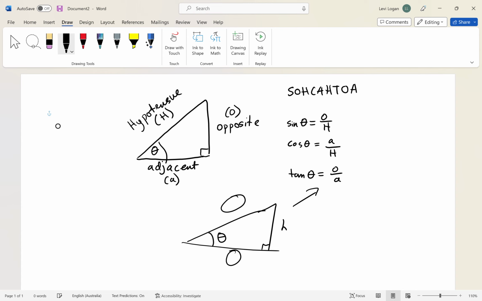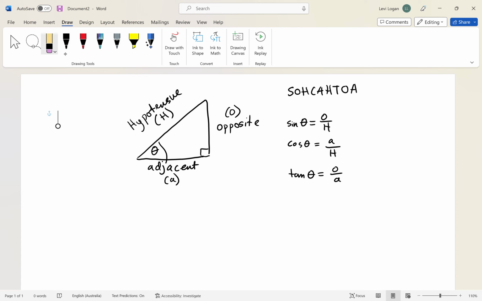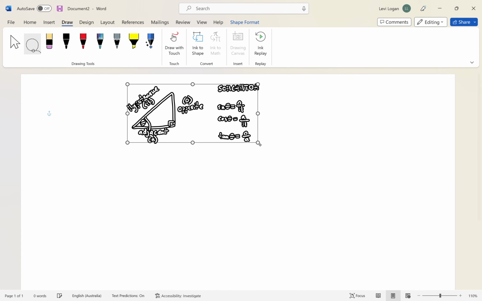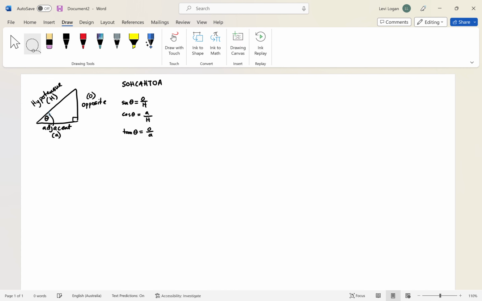This is only if it was a right angle. There are other ways you can find the other side lengths if it wasn't a right angle triangle, but you don't need to know that just yet. So I'm just going to move all this into the corner. Make it very small so you can still see it, but it's not directly in our way. Alright, and that's going to be our table of notes, pretty much.